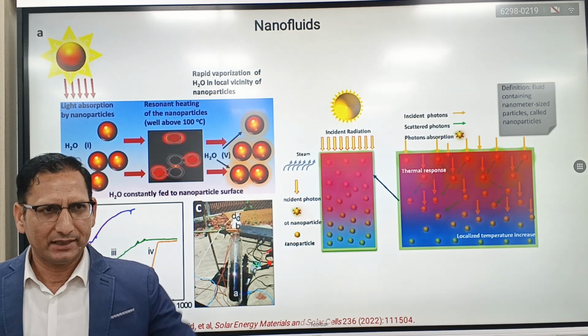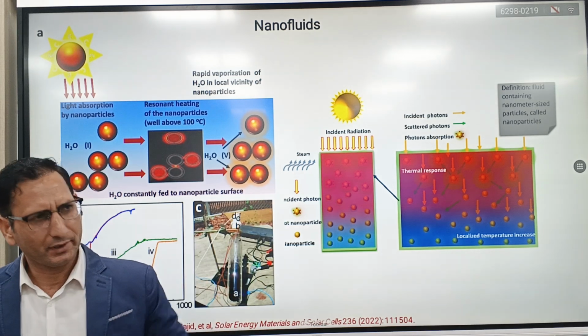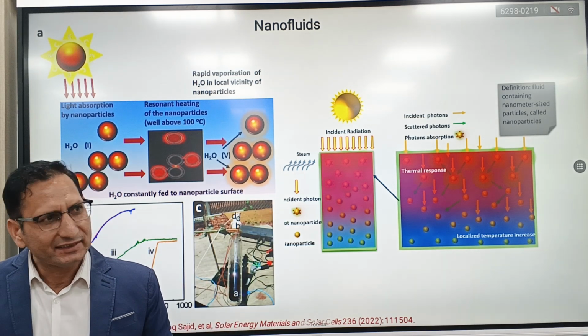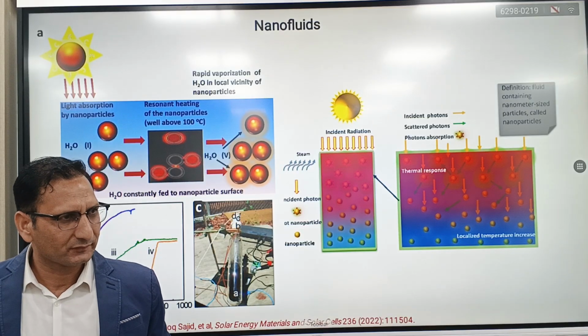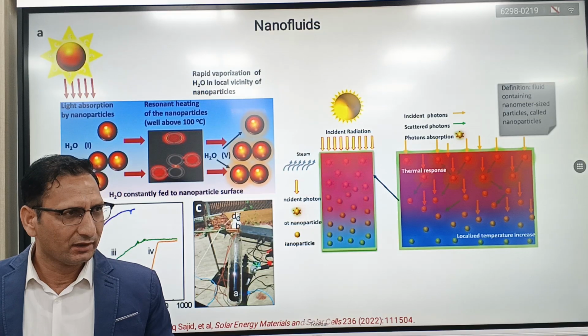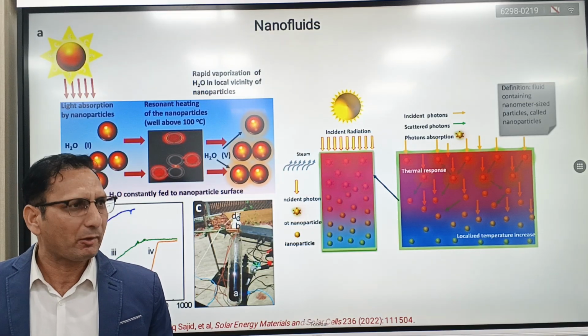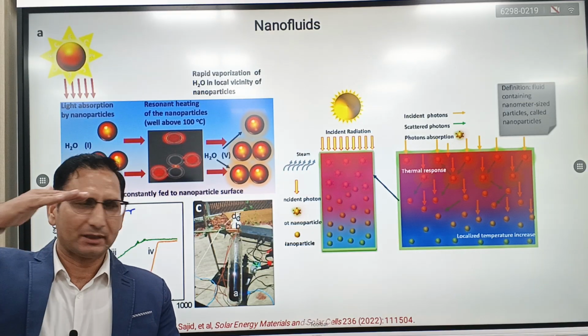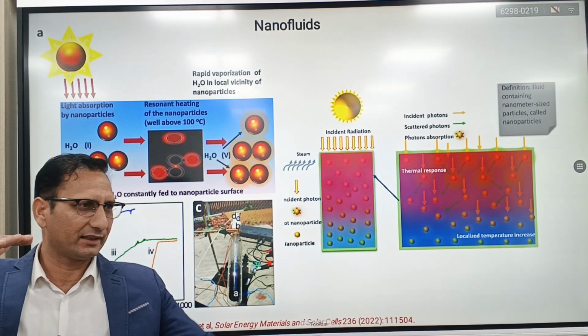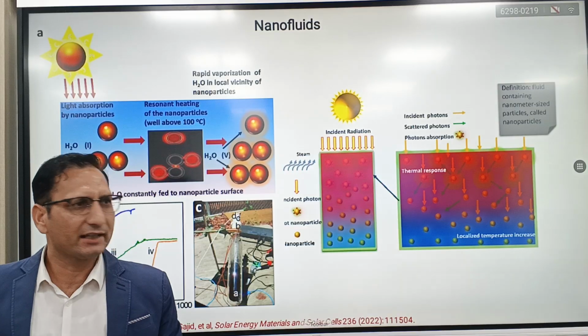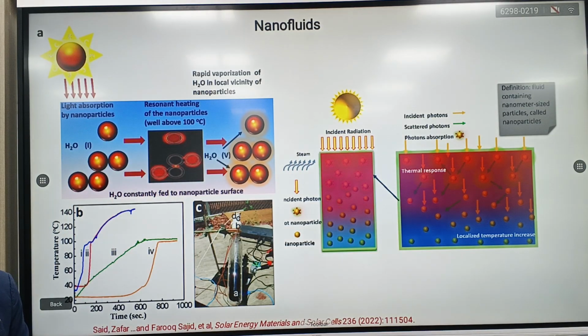When the solar light interacts with the nanoparticle, the nanoparticle thermalizes the surroundings. So the water heats up. When water heats up, what happens? Evaporation. We have some kind of roof and the water sticks there, and then it comes down like that. So you can easily get clean water using this technique.